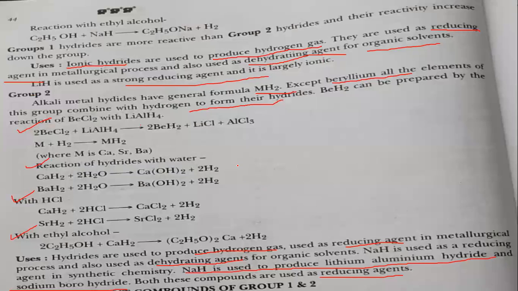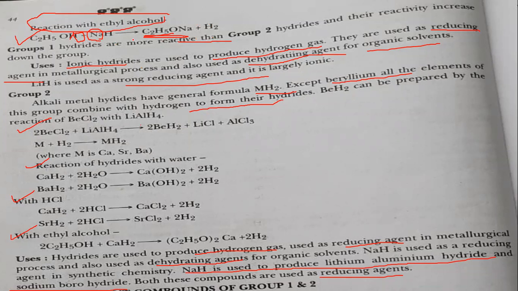Okay, remember. Now, reaction with ethyl alcohol. What happens now? The sodium will take the position of this hydrogen, forming the sodium salt of ethanol. So hydrides of group first are more reactive than the hydrides of group second, and the reactivity of these hydrides of first group elements goes on increasing down the group.